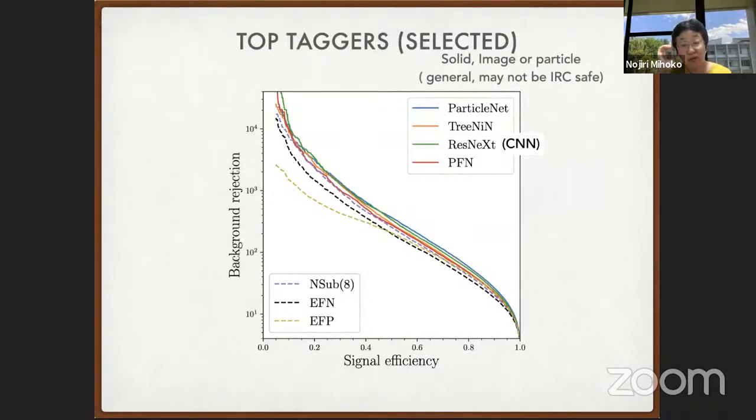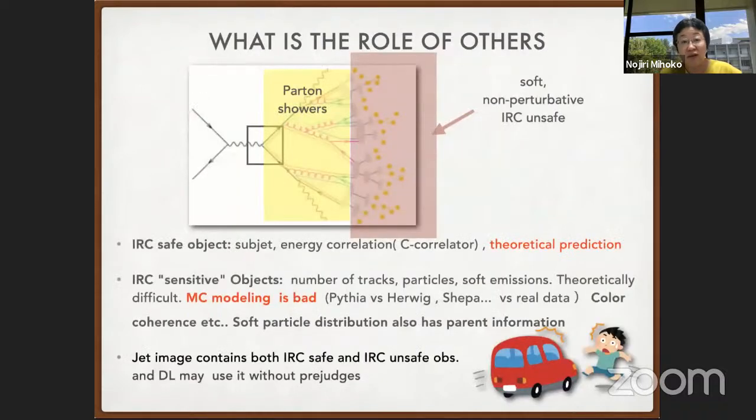Here is the example. This best line is ParticleNet, and this green one is something called ResNeXt, which is basically the CNN. These are the groups that give you the best performance in this summary paper.